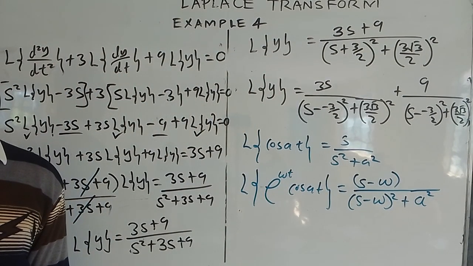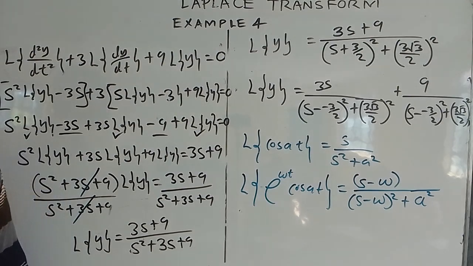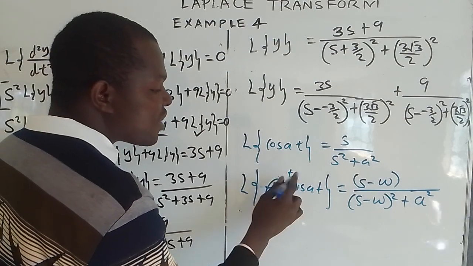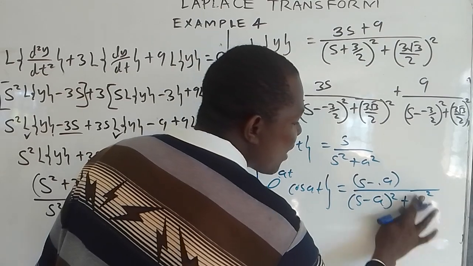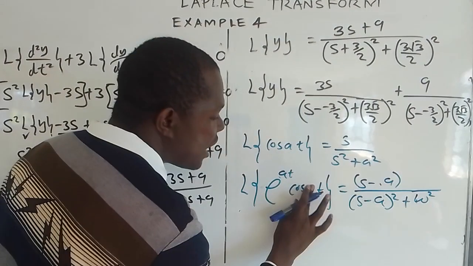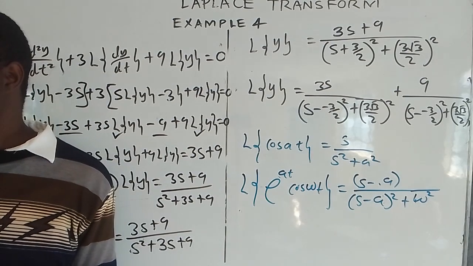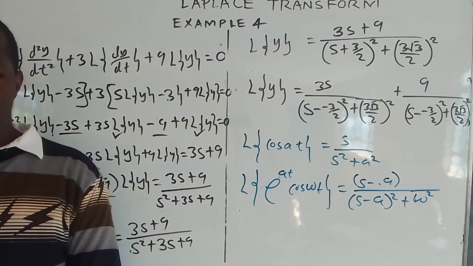Are we together there? Is that okay? So if you interchange such that where there is w you put a, and where there is a you put w, we'll still get the same thing we were getting the other time. You can use any variable anywhere. Are you getting what I'm trying to explain?